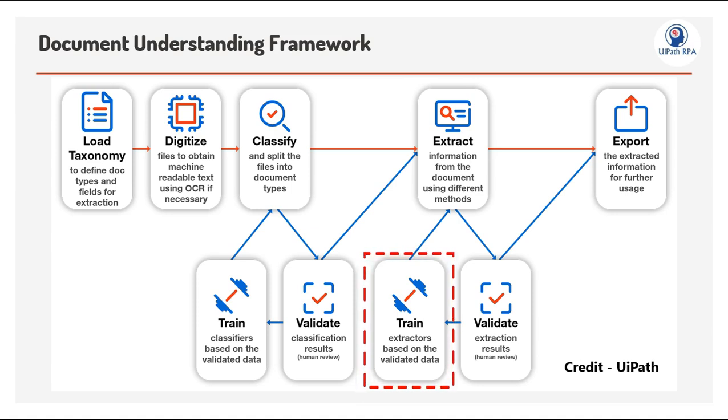Similar way, we train that model, we train that extractor, to learn from the validated documents to improve the extractors using AI and machine learning. And this way, next time, the bot can easily identify and extract the data from those documents.